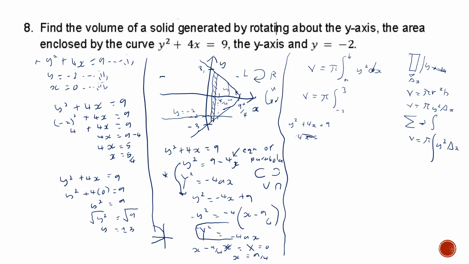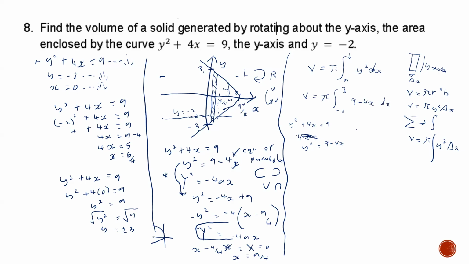Actually, sorry, let me remove this. I'll just say y squared is equal to 9 minus 4x, because since the change is in x, I just substitute for the y. I don't want to integrate when this thing is still y. So this would be 9 minus 4x dx.